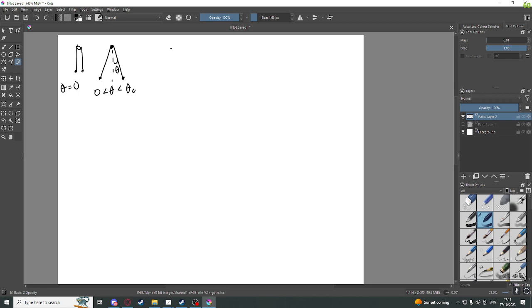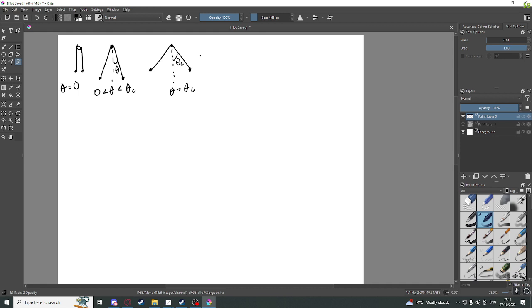I'll just write theta c for now, and here's my theta c, where theta c is simply the angle at which the system is in equilibrium, or that the net force is equal to 0. The net force on the particle is equal to 0, or in other words, when there's no motion.